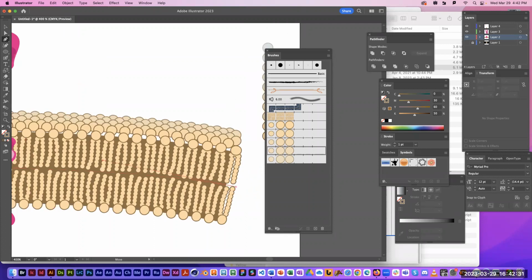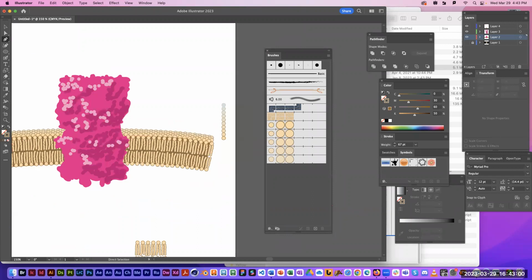I might need to make that dark brown line a little thicker though, to hide that gap. So I'm making it a little thicker, and I'm also going to nudge it up a little bit and then send it all the way to the back. I don't know, might not want it to be quite that dark or brown, but anyway.